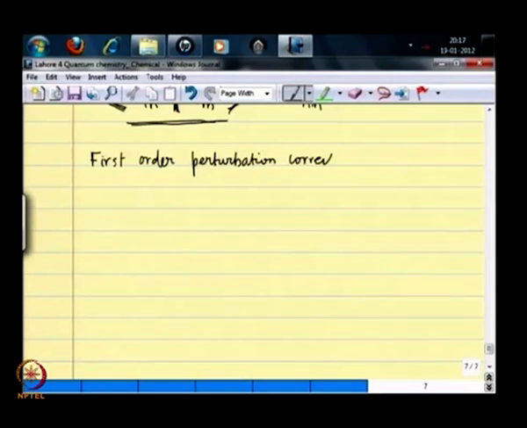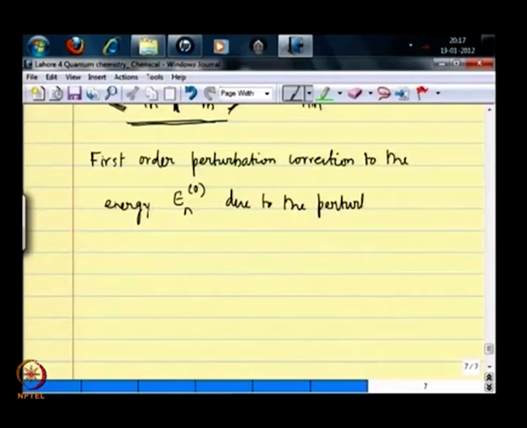We want to calculate the first order perturbation correction to the energy En0 due to the perturbing term H1.